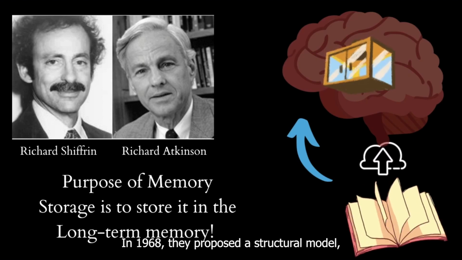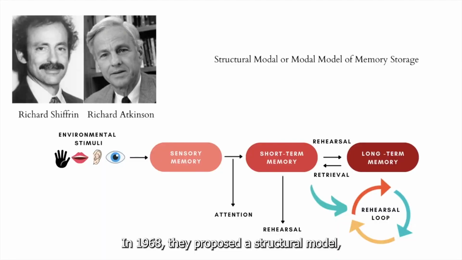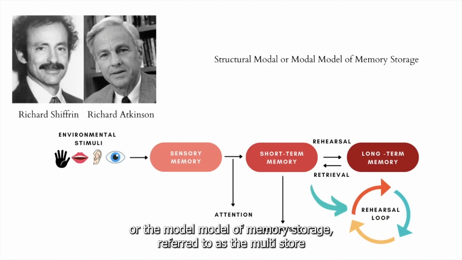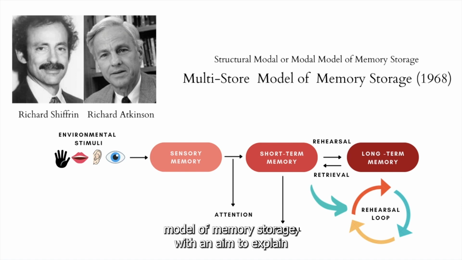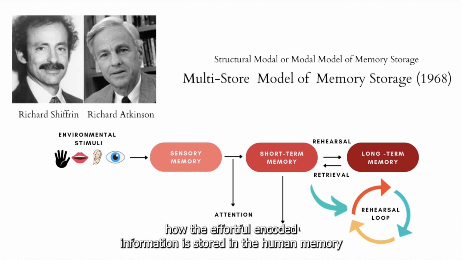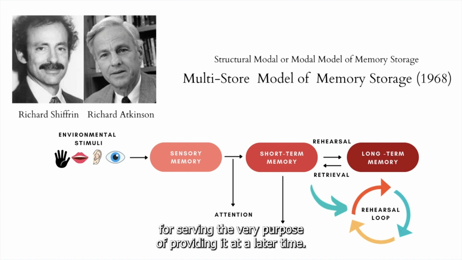In 1968, they proposed a structural model of memory storage, referred to as the multi-store model of memory, with an aim to explain how effortfully encoded information is stored in human memory for the very purpose of providing it at a later time.